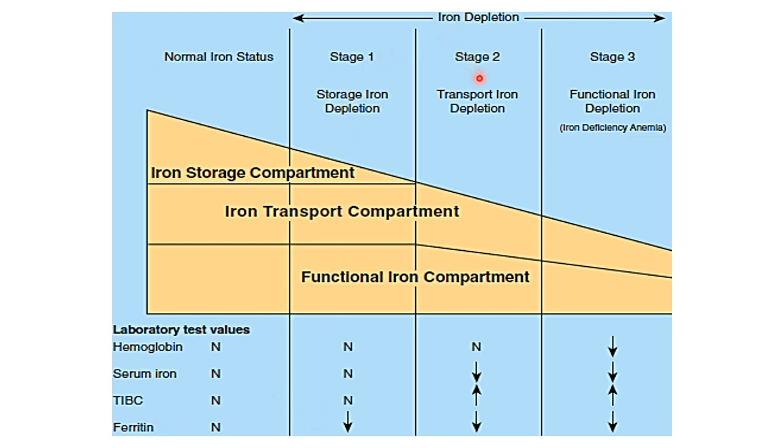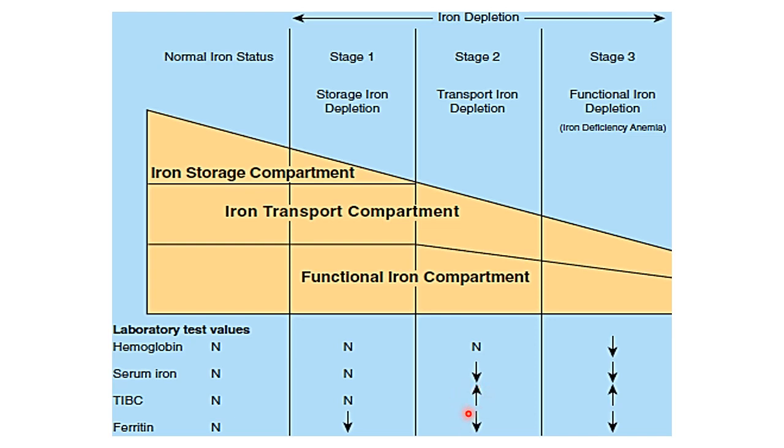Sa stage 2, meron na tayong depletion pati yung transport iron. So, maapektuhan yung mga transferrin, okay? And the serum iron itself. So, ma-appreciate mo sa stage 2, mababang serum iron, mataas ang TIBC, persistently low si ferritin.